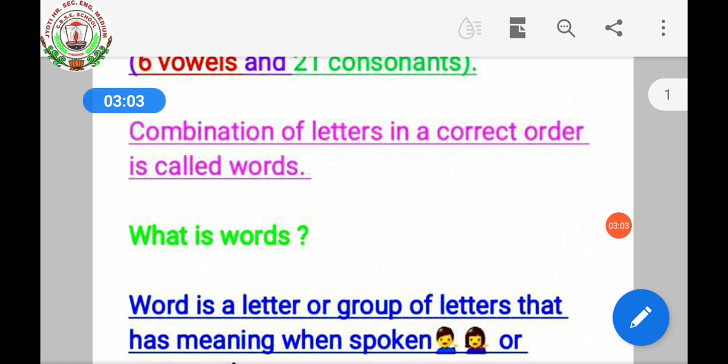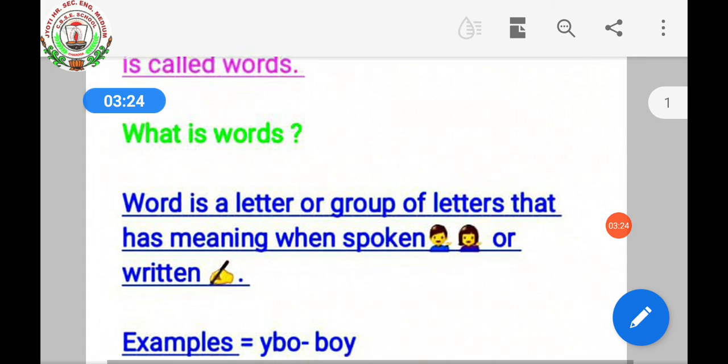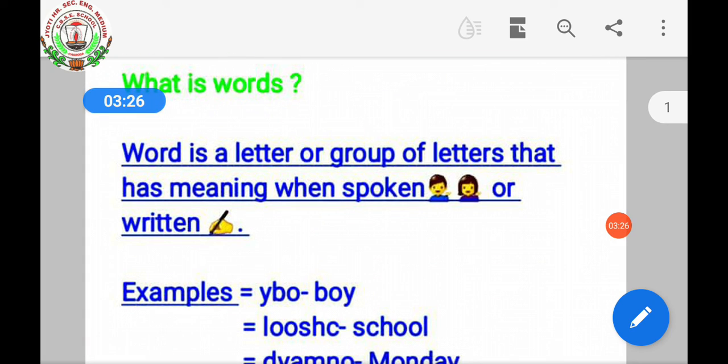So what is a word? A word is a letter or group of letters that has meaning when spoken, written or when you listen to something. Okay, so a word is a letter or group of letters that has meaning. Some meaning should be there, when you speak, write or listen to something from another person.